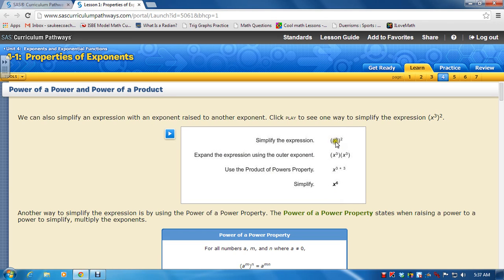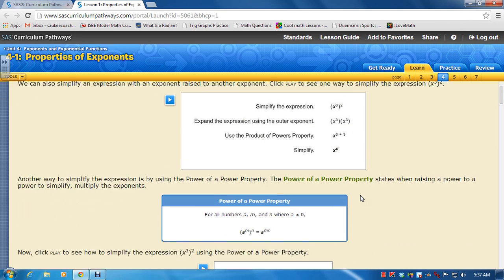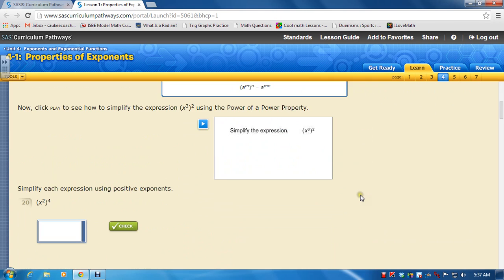Because we know exponents are simply repeated multiplication. Just like multiplication is repeated addition, exponents or powers are repeated multiplication. Alright.